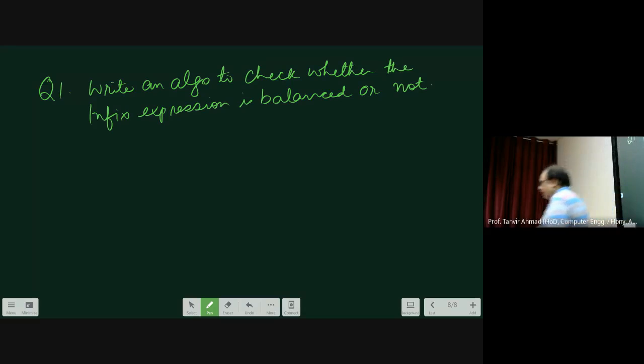This question has come in previous exams. These are the questions which came in the last exams, that you have to check whether the infix expression is balanced or not.